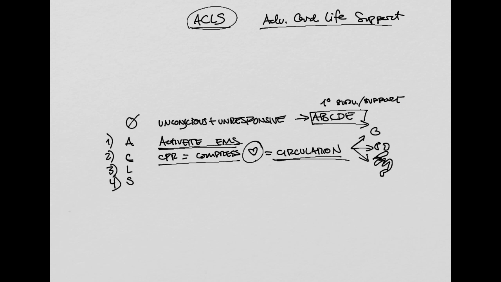The stomach, right? So next we're going to talk about the L, which is lungs. So we're going to do a bag valve mask or otherwise intubate them if necessary, and otherwise protect and ensure the airway and breathing are taken care of.